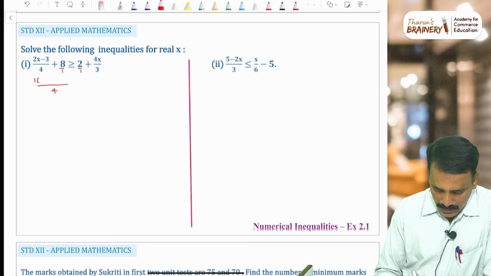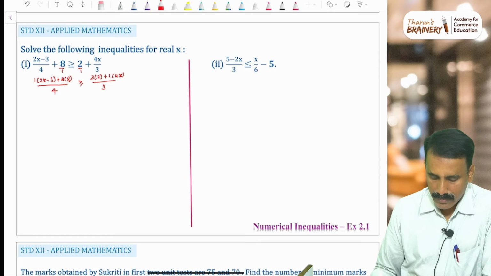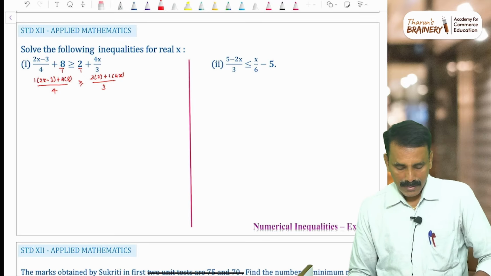So 1 into 2x minus 3 plus 4 into 8 greater than or equal to, here it is 3. Cross multiply, 3 into 2, 1 into 4x. Is it clear?